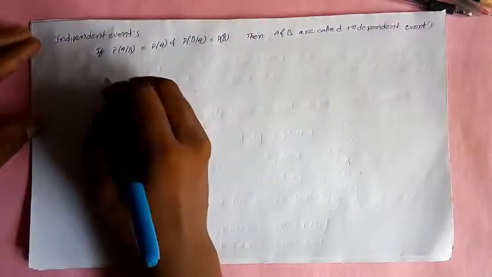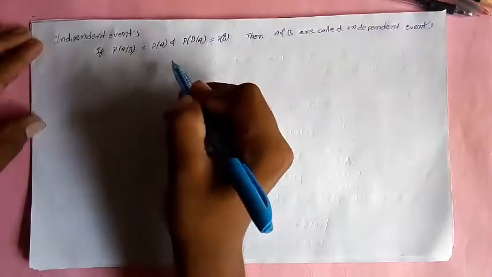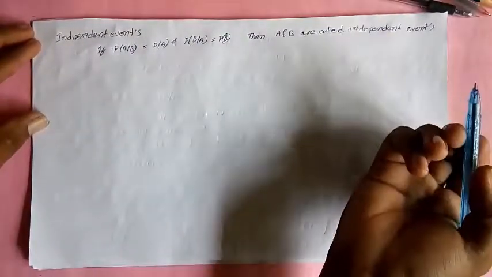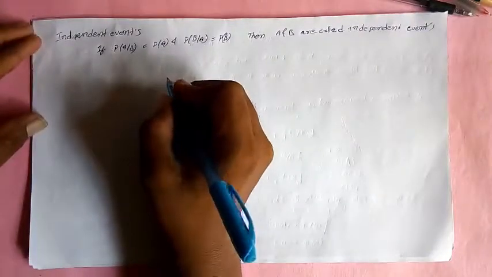Independent events: if P of A by B is equal to P of A and P of B by A is equal to P of B, then A, B are called independent events.